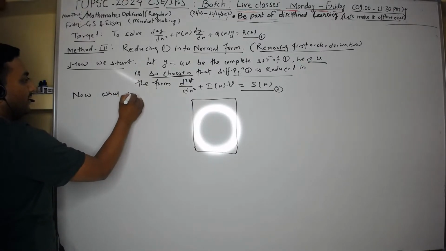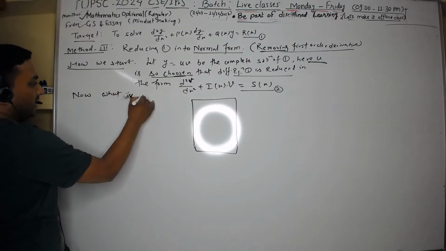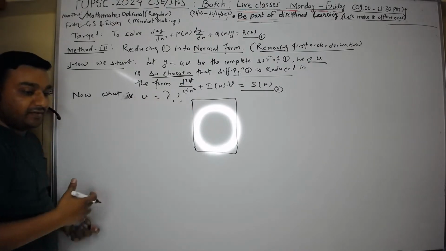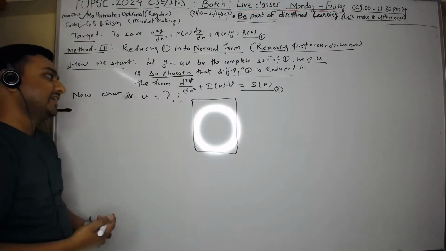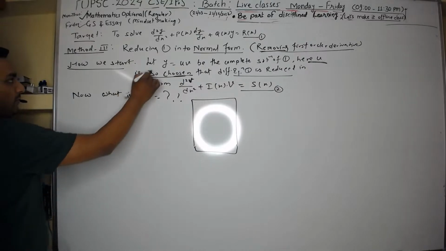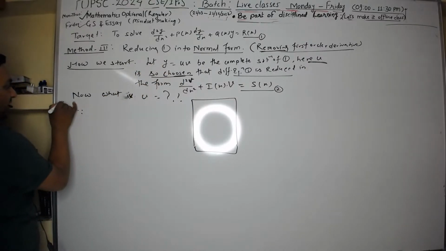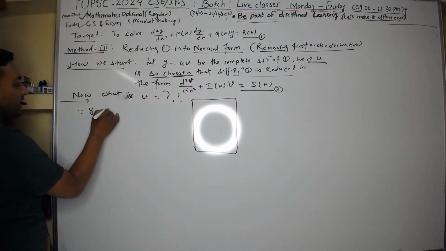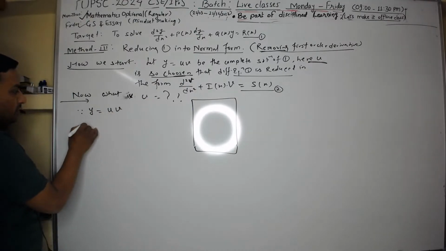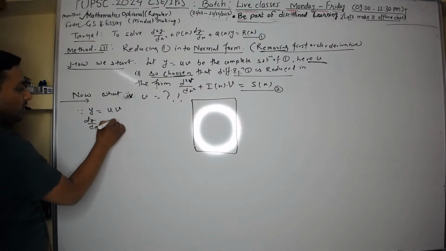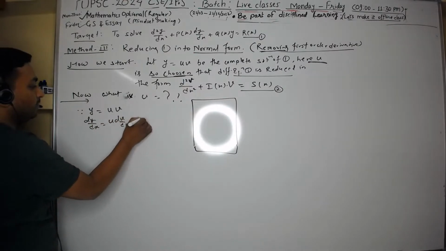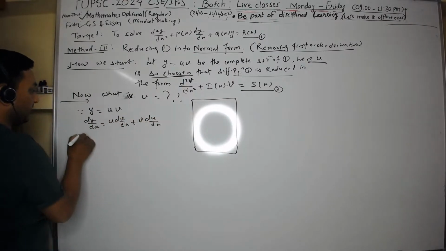You have said that we have to choose it like this, but what is it? That we want to know, right? So what did we substitute? Let's start. Since y equals u into v, if I ask you what is dy over dx here, u into dv over dx plus v into du over dx.